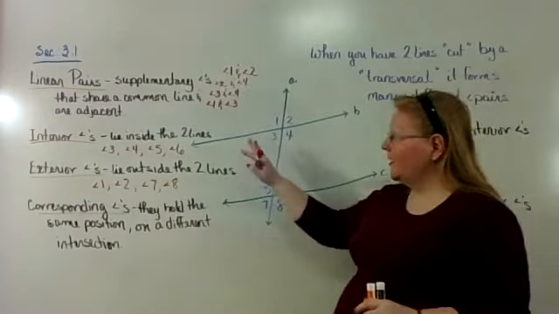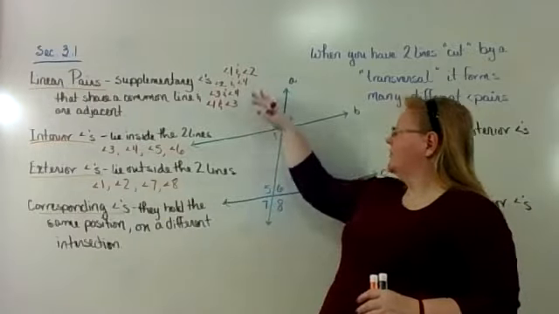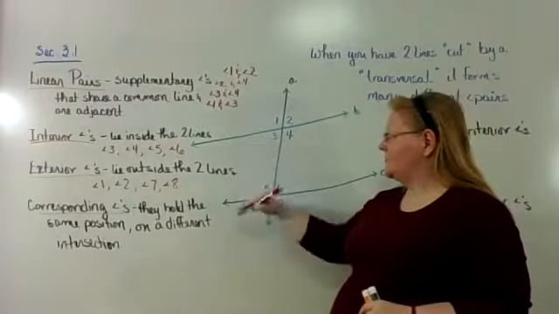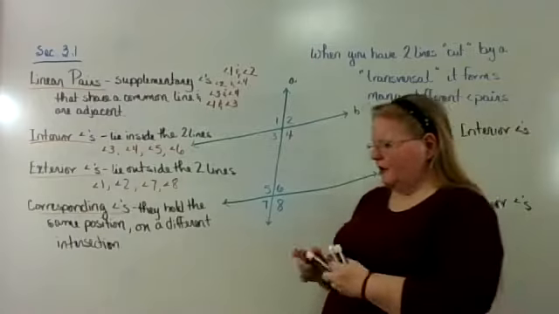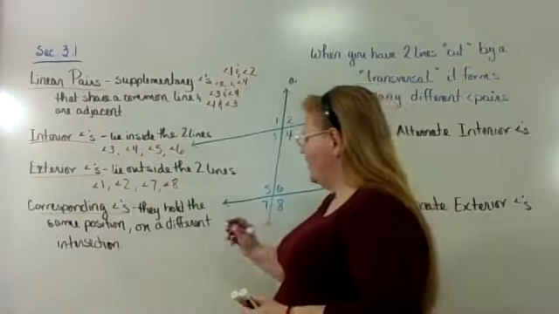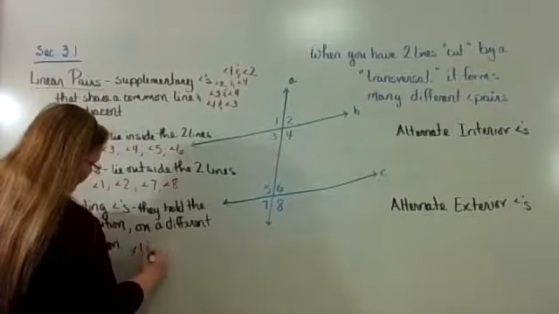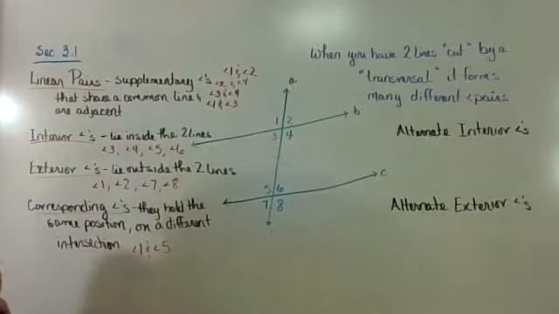It's to the left and up. So angle 1 is to the left of our transversal and above line B. Angle 5 is to the left of our transversal and above line C. So that means that angle 1 and angle 5 are going to be corresponding angles.